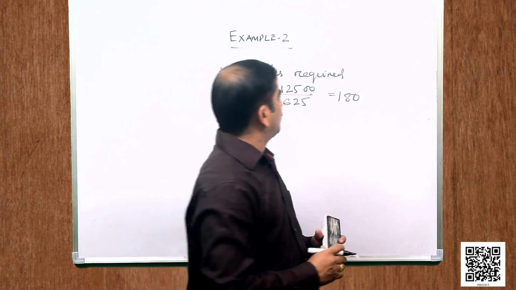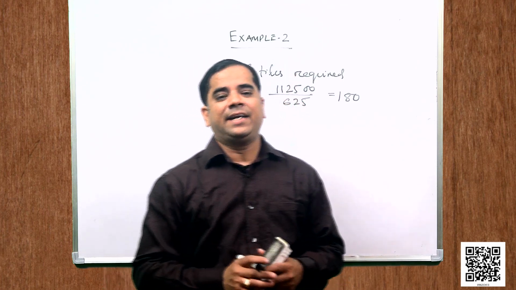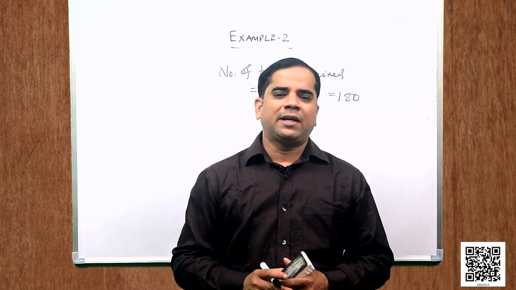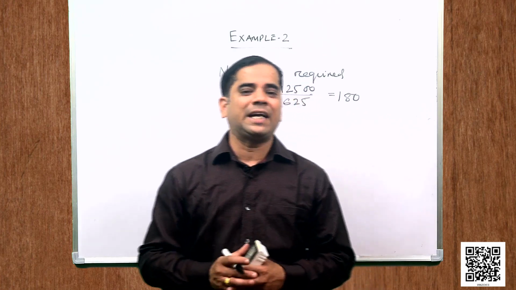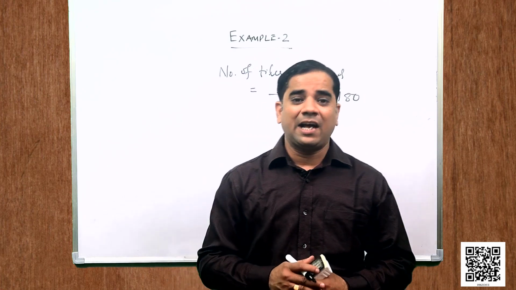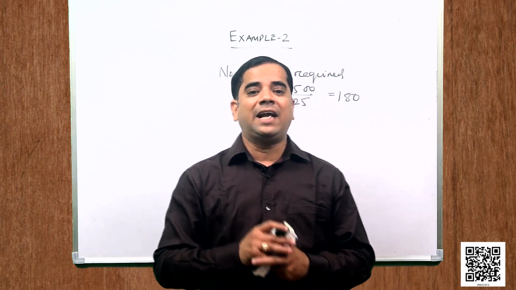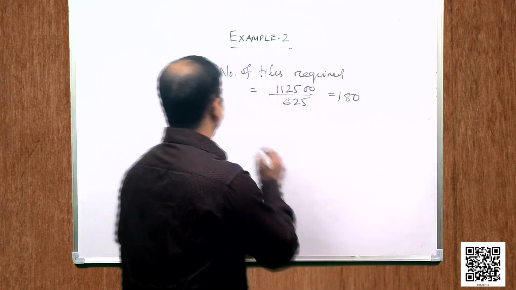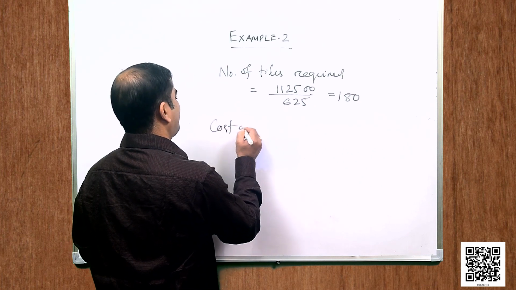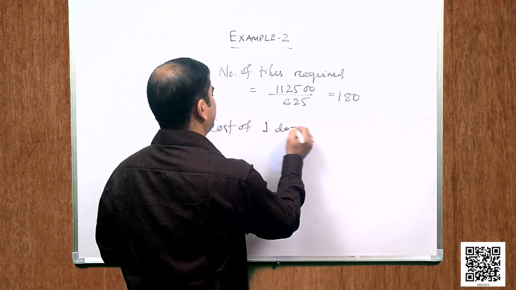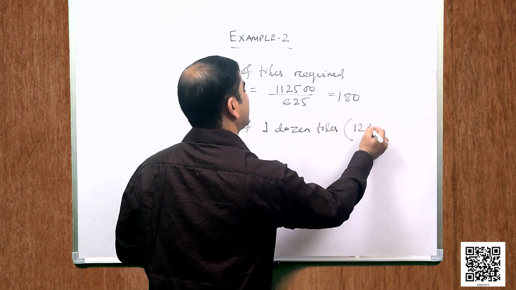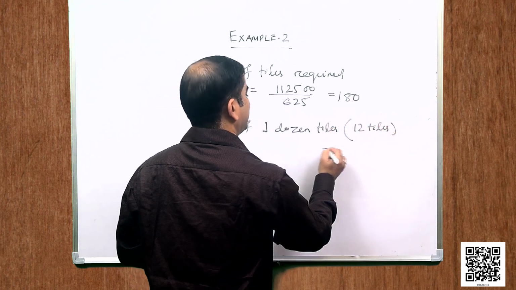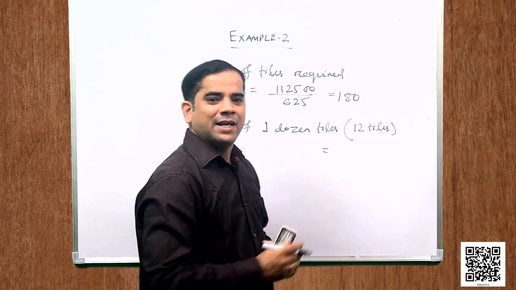Now, we need 180 tiles, but to find out the cost, we have to concentrate that as per the given data, cost of a dozen tile is given. That means cost of 1 dozen tiles, that is 12 tiles, is equal to rupees 360.